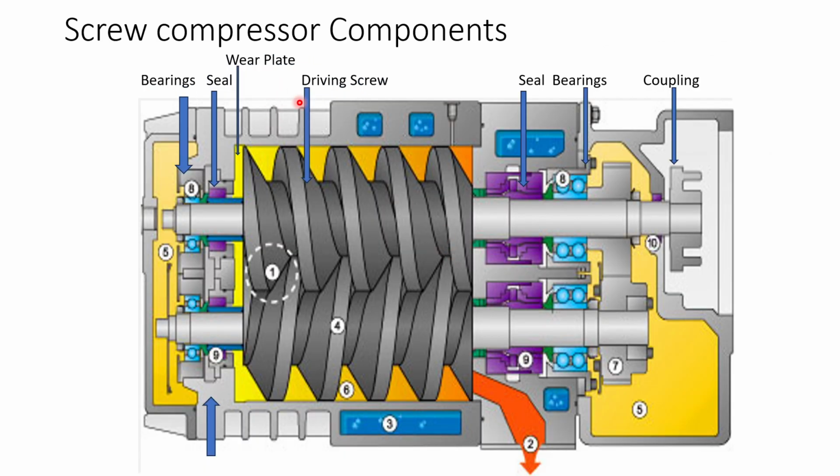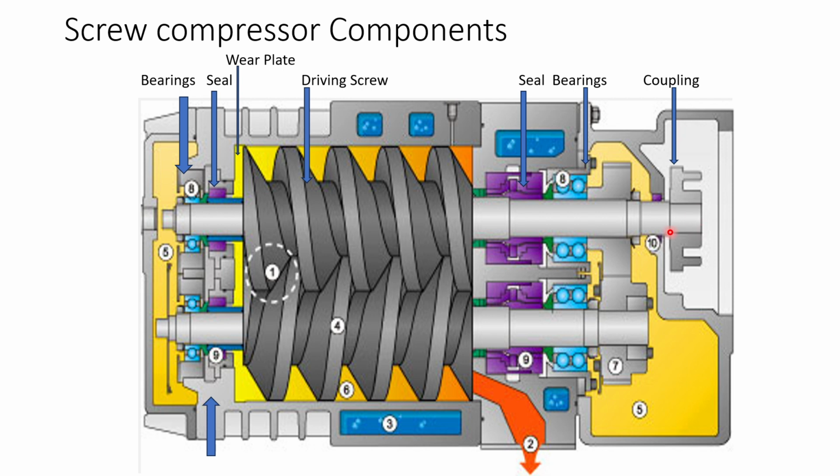Now here we can see some more components. This is the male rotor on the top. At the bottom we have the female rotor. The bearings are located here. Seals are here and here also, and bearings are also on both sides.